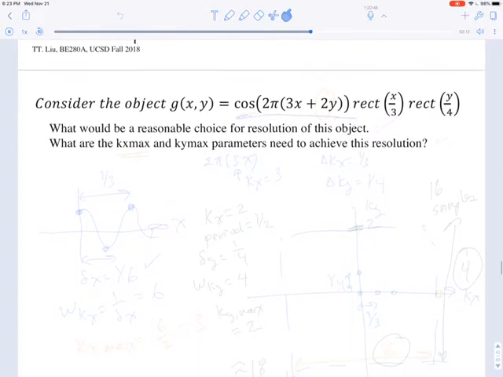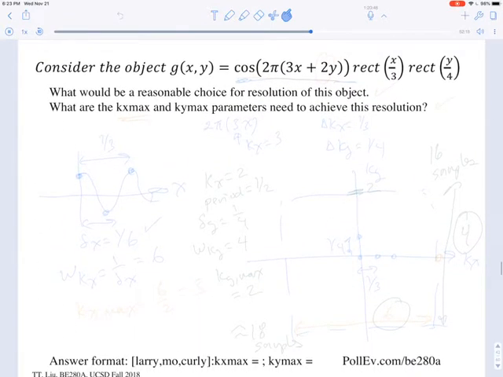Here's the object, where you actually have to think about what this cosine is doing. I want you to think of yourself as the client. You have this object, and you're going to someone who will design an MRI pulse sequence for you, and you say, I'd like you to image this object with a certain resolution.